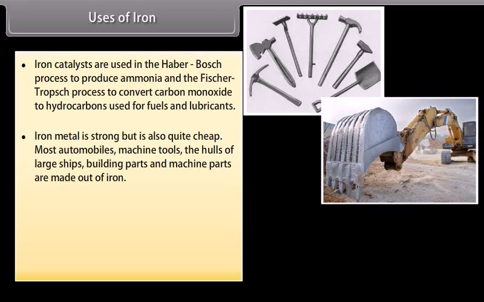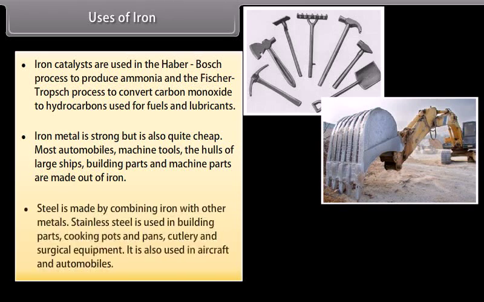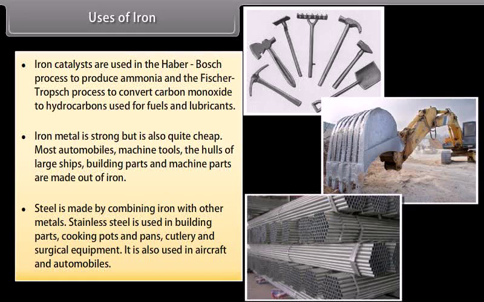Most automobiles, machine tools, the hulls of large ships, building parts and machine parts are made out of iron. Steel is made by combining iron with other metals. Stainless steel is used in building parts, cooking pots and pans, cutlery, and surgical equipment. It is also used in aircrafts and automobiles.